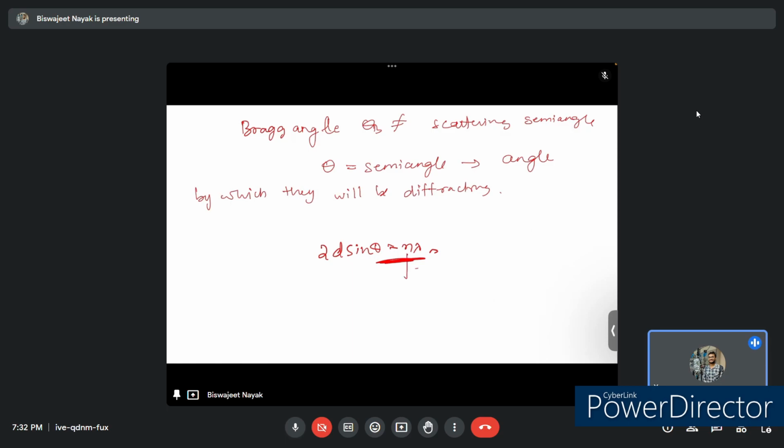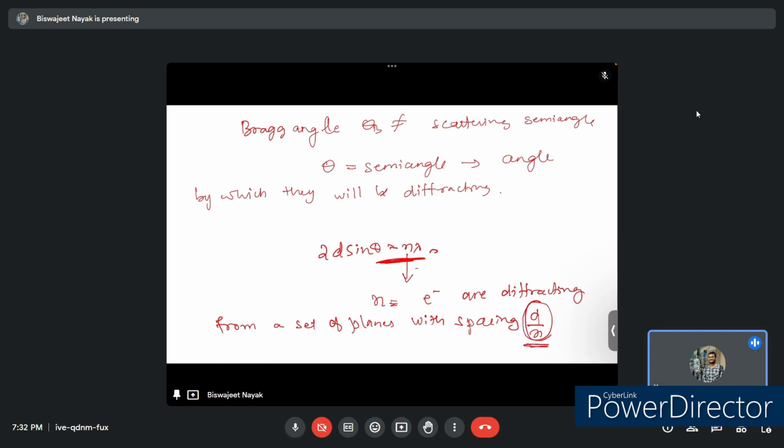these belong to a set of planes. Here we will say electrons are diffracting from a set of planes with spacing d by n.